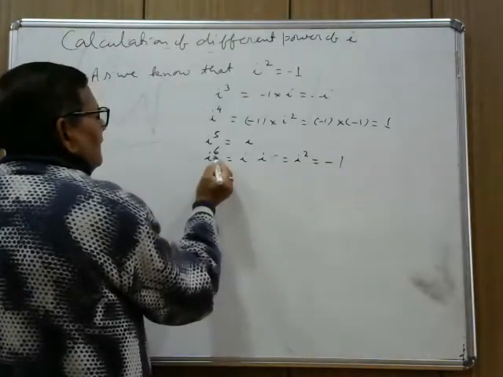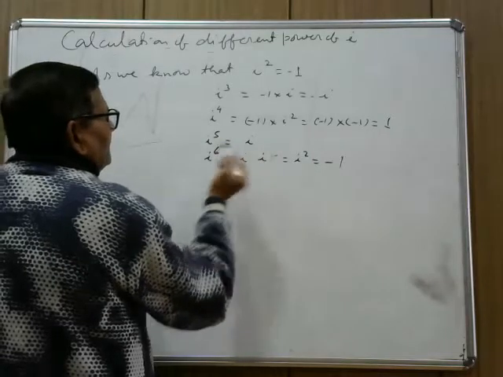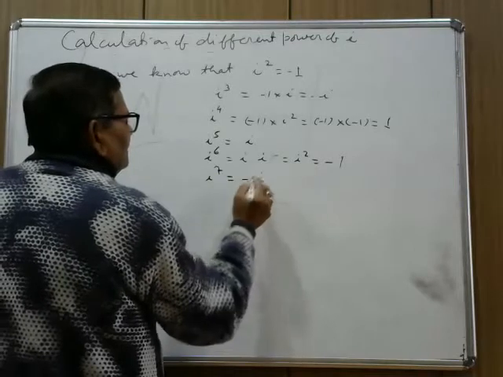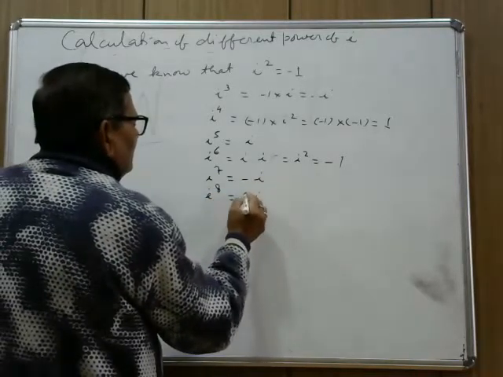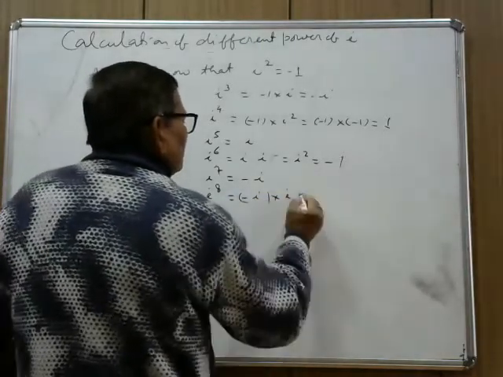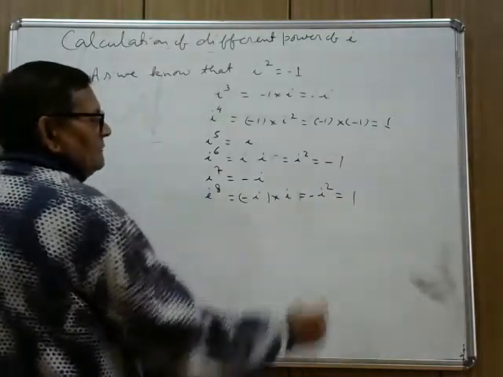And i to the power 5 is i, and i to the power 7 is again minus i. i to the power 8 is minus i into minus i, that is equal to 1. When a multiple of 4, you will get plus 1.